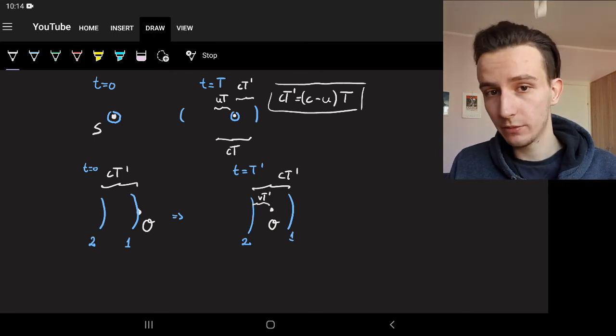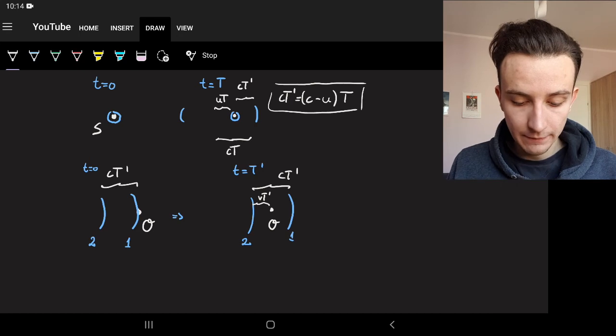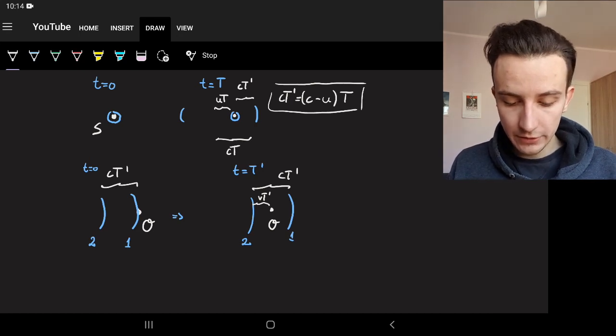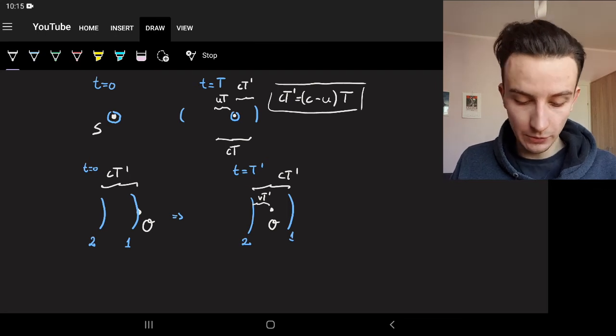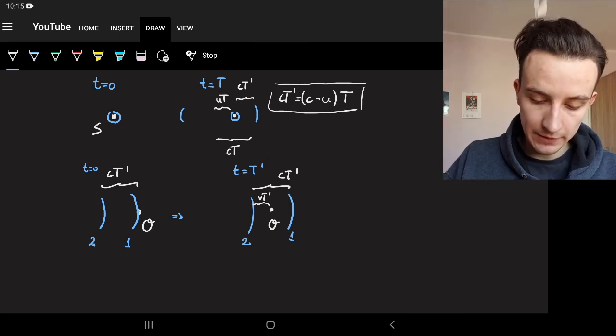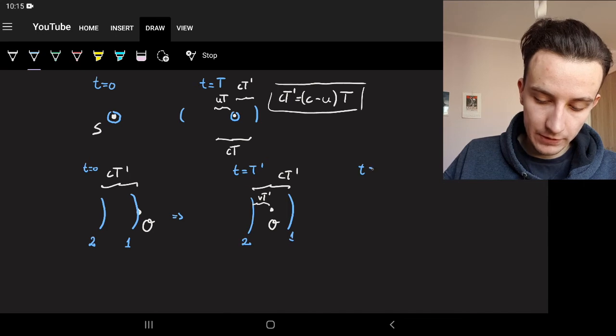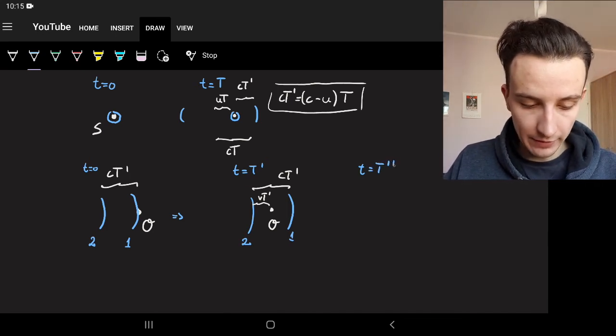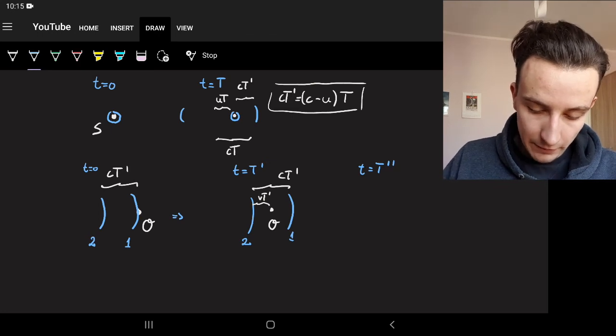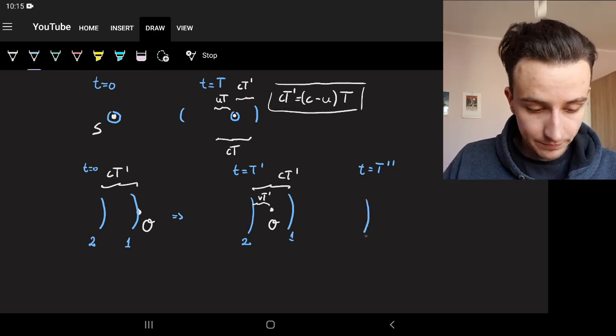That's just it. So what we actually need to wait for is this wavefront 2 to reach the observer, and this happens at some seemingly arbitrary time t second. It's not arbitrary, but we don't know it yet. This happens at some time t equals t second.